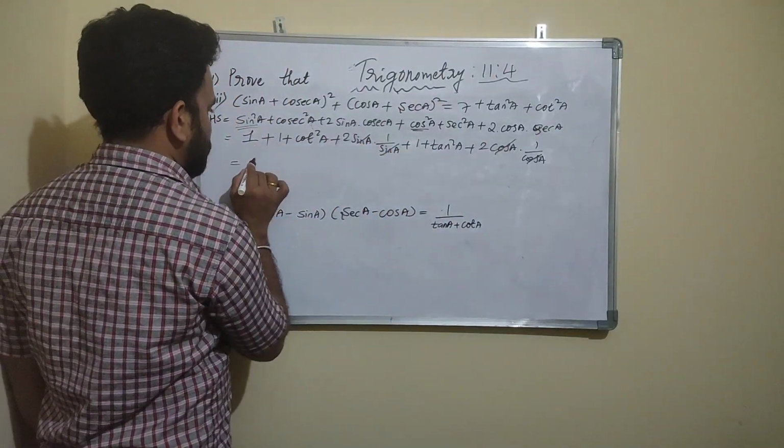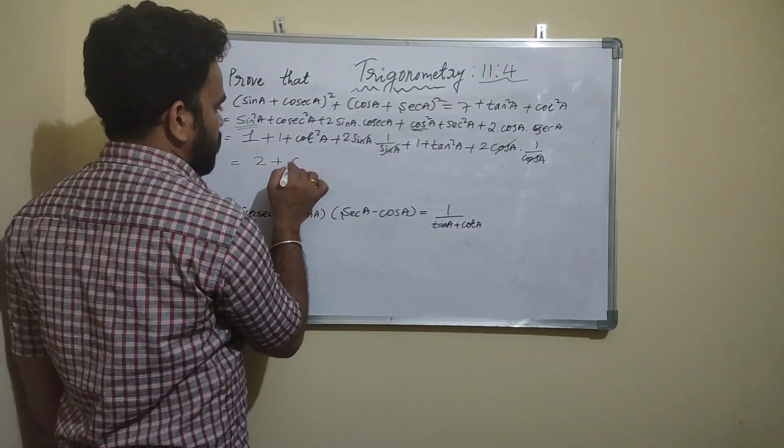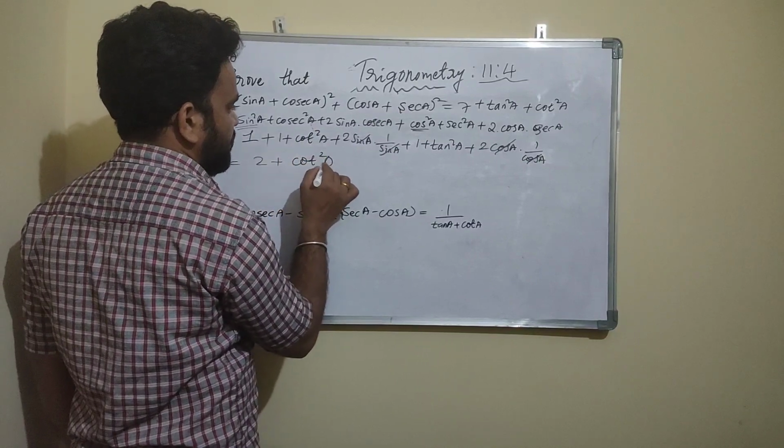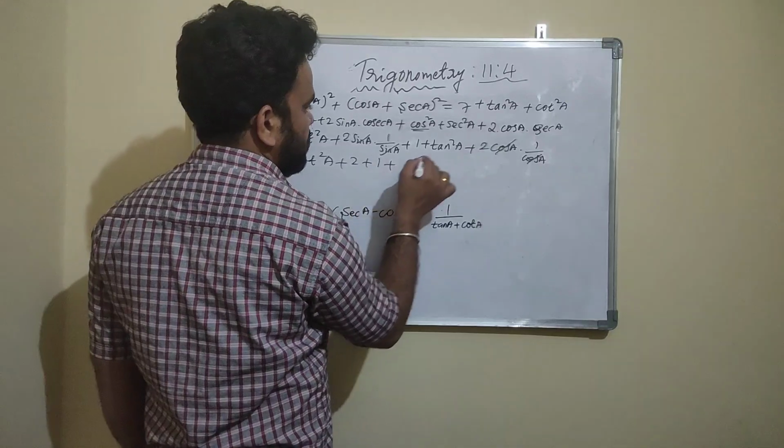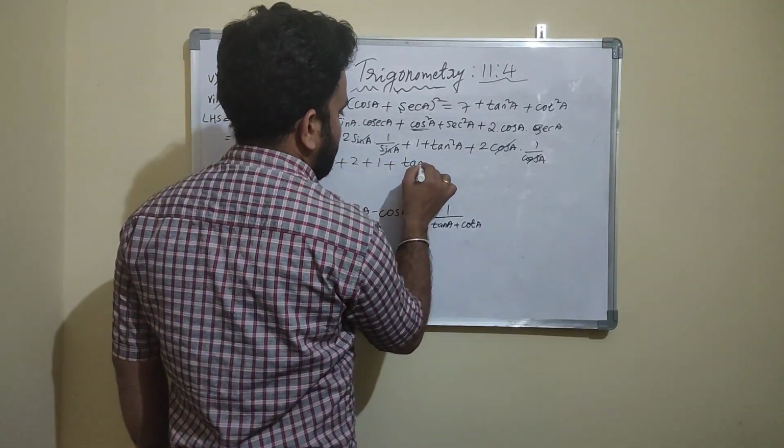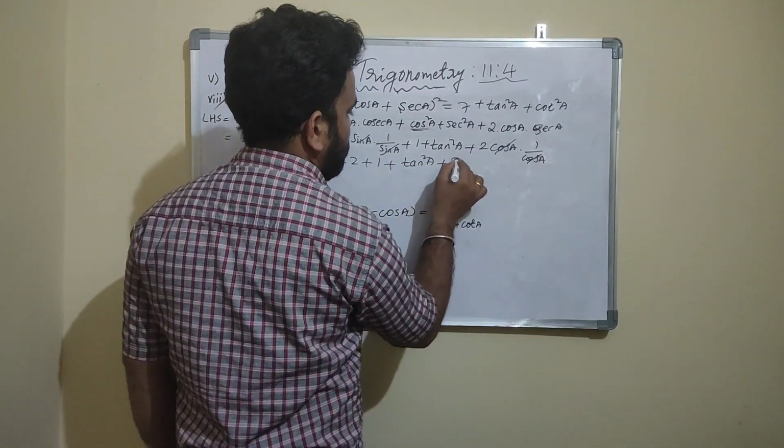1 plus 1 is 2, plus cot square a as it is, plus this 2 as it is, plus this 1 as it is, plus this tan square a as it is, tan square a as it is, plus here is also remaining 2.